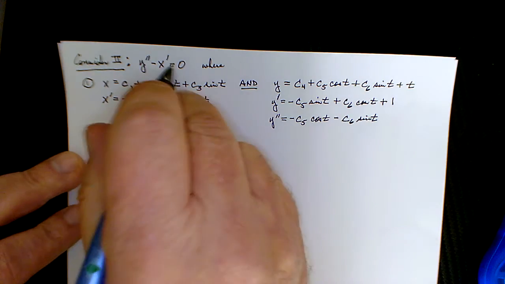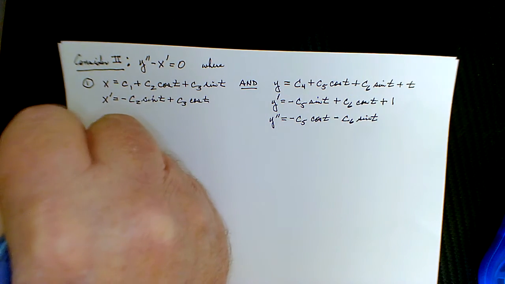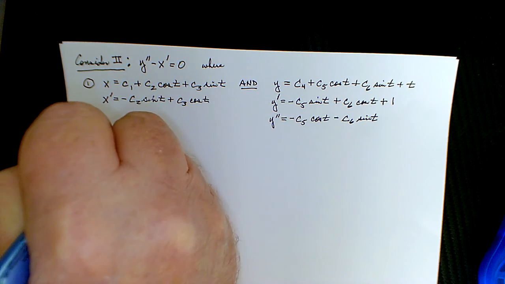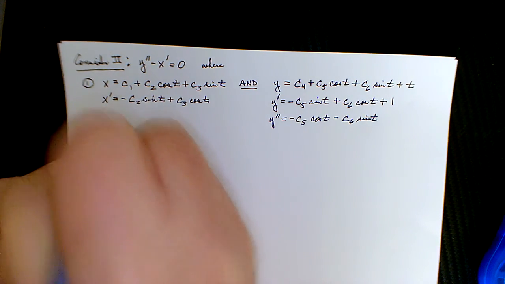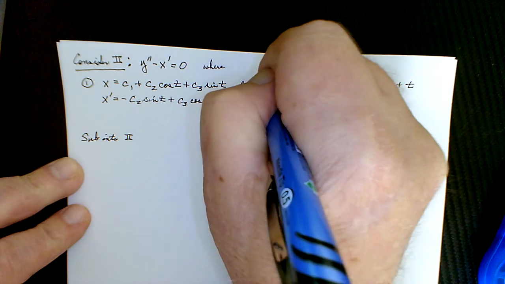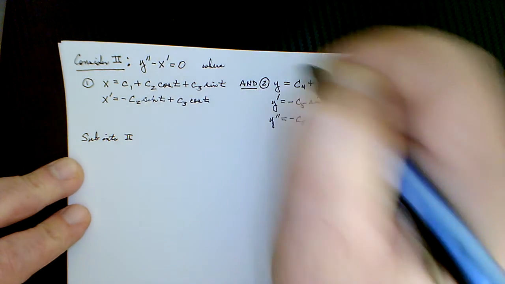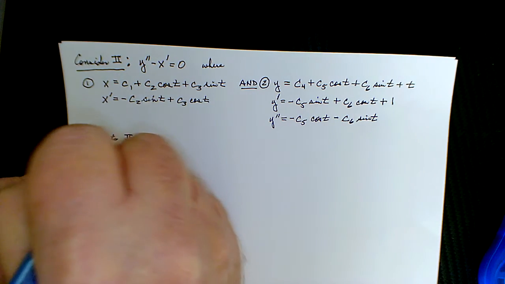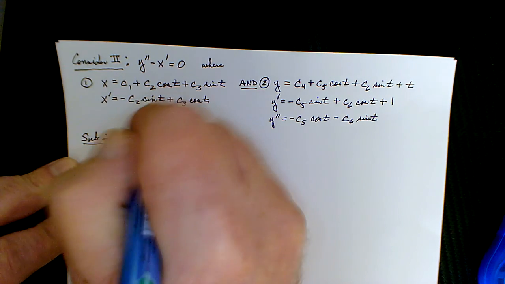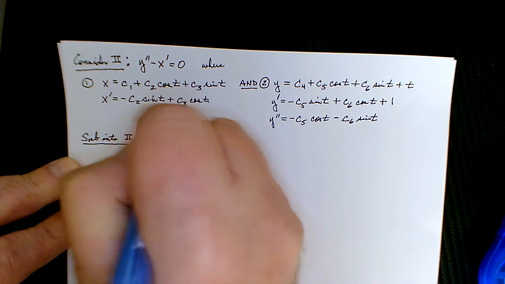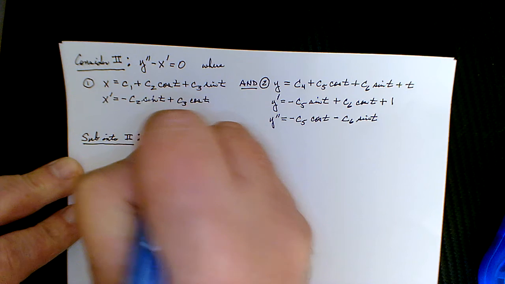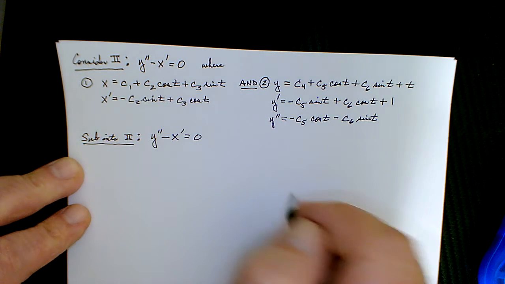So at that point, we're going to substitute into the equation Roman numeral 2. But now we're going to substitute those into Roman numeral 2, the y double prime minus x prime equaling 0.